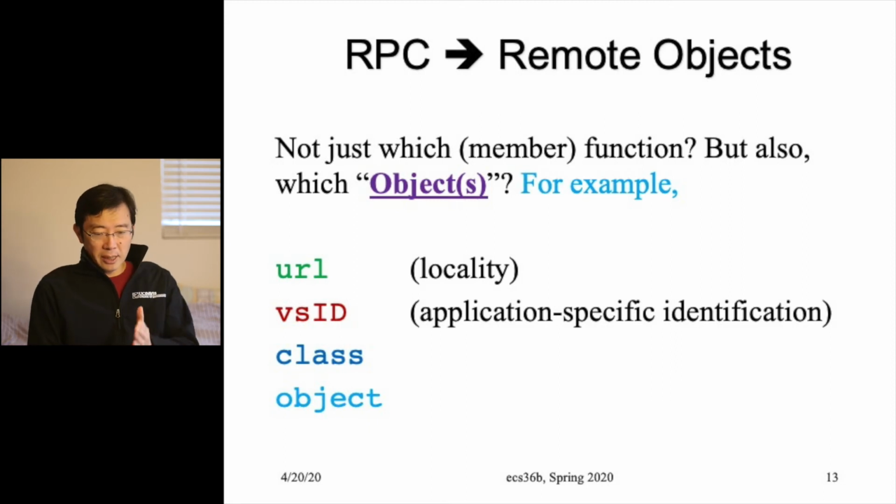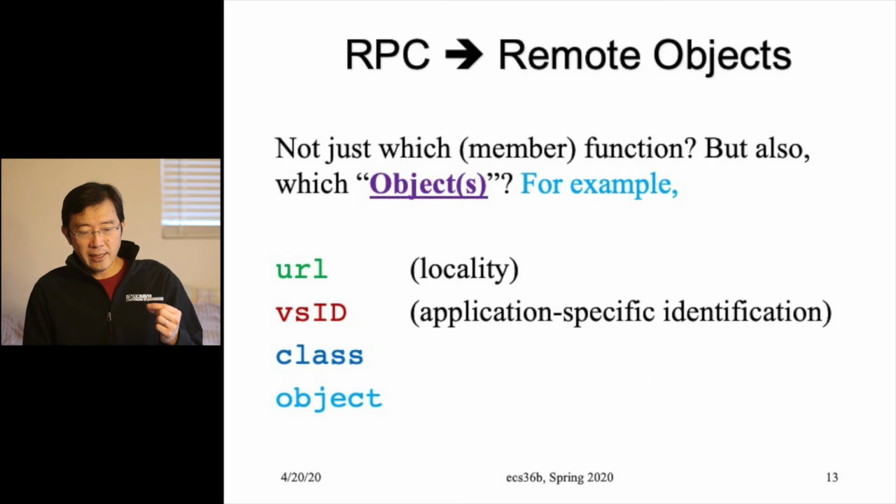The core object gives you these four attributes: URL, VSID, class, and object. The URL tells you where the server is, and the VSID is application specific: it tells you the credential or identifier you need in order to know who actually owns those objects.